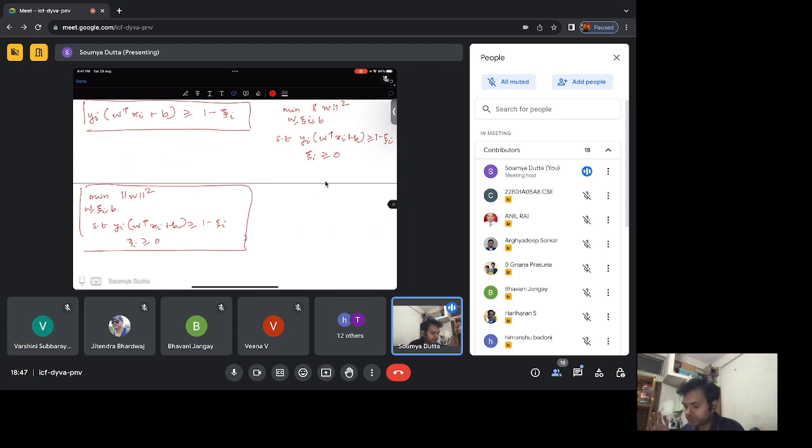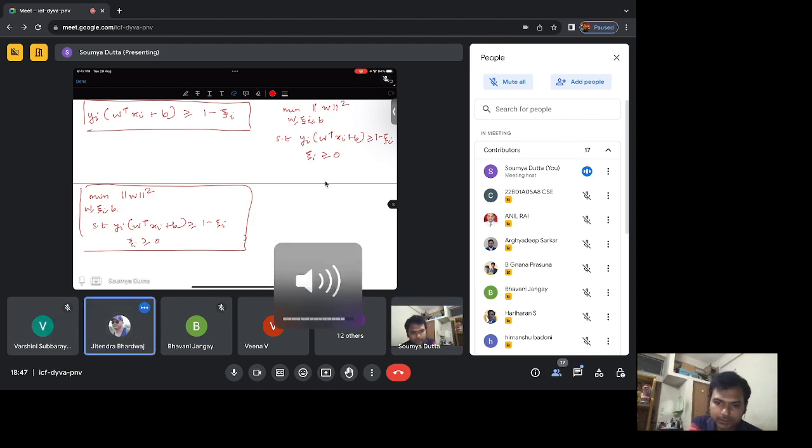Okay, now you solve this problem. What do you think will happen if you give this problem? First of all, let me ask you this question. What is the minimum possible value of norm of W squared? 0. Right.